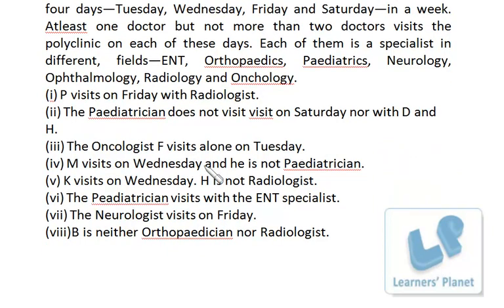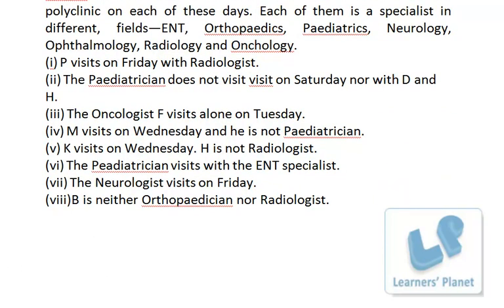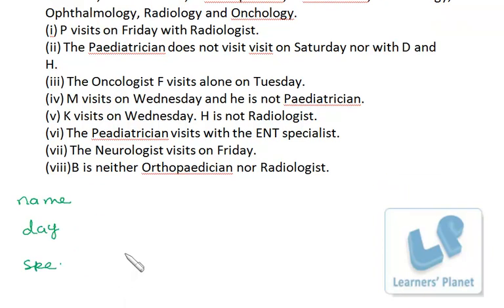So once again I'll start with the information provided over here and we'll just make a table. Name, day and specialization, right? And once again, do not write the name of the persons or days or anything. Just look at the information that is provided over here and just fill up the table.